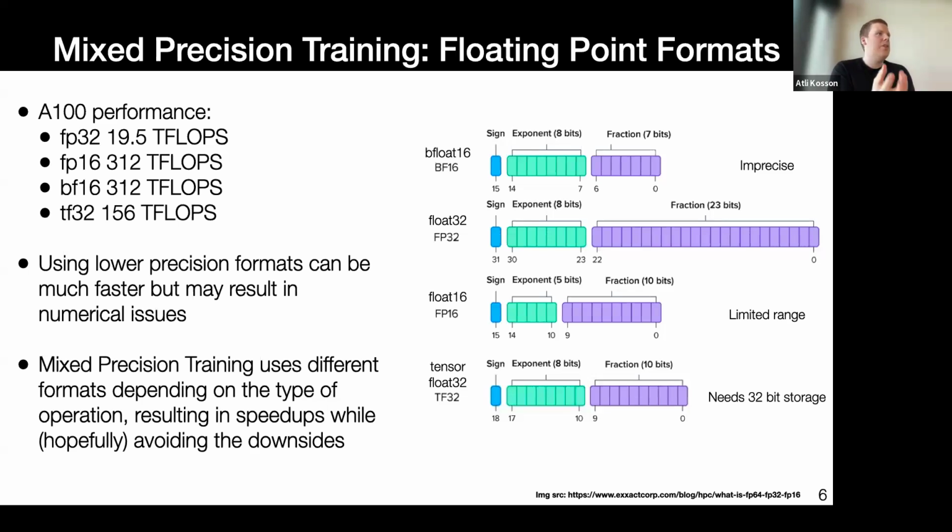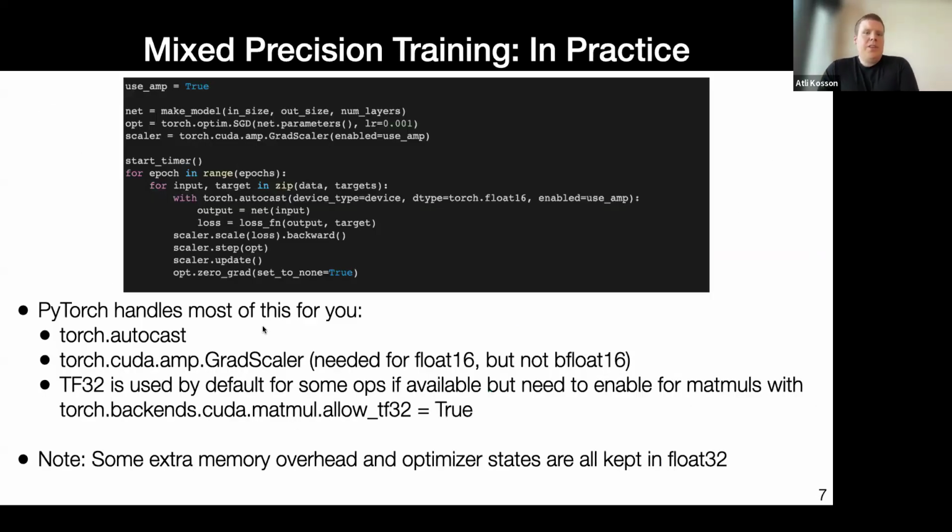Some operations are done in low precision, other operations are done in high precision. So we're using low precision where we can, but specifically doing the difficult operations in high precision to avoid these issues. And nowadays it mostly just works out of the box. So this is how you would implement this in something like PyTorch.